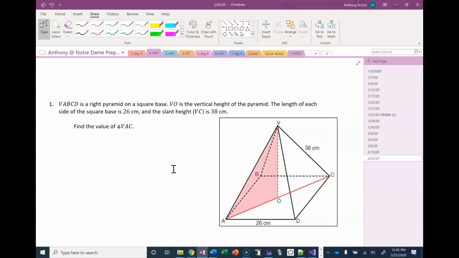Okay. First thing that I'm going to recognize is that VAC is not a right triangle. If I just look at VAC, that's not a right triangle, right? So I'm not going to work with that one. Instead what I'm going to work with is this pink one we've been hinted at, since I know that that is a right angle there.